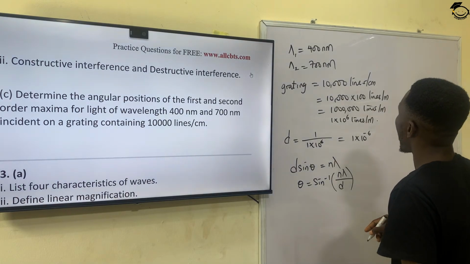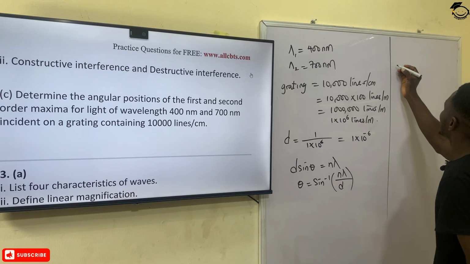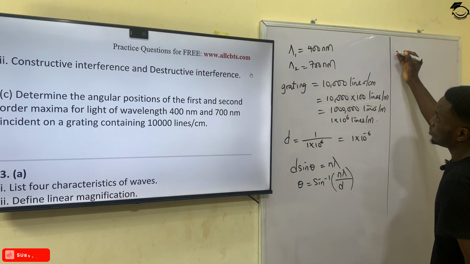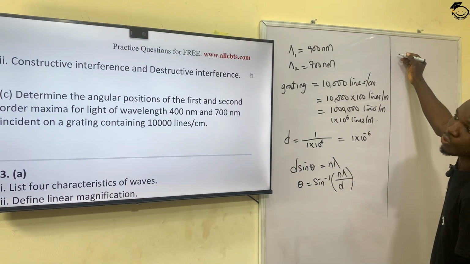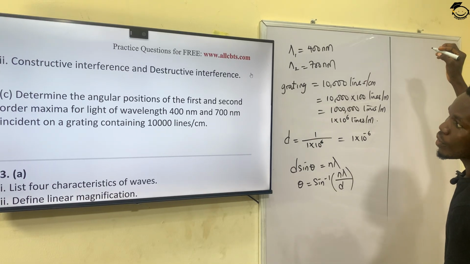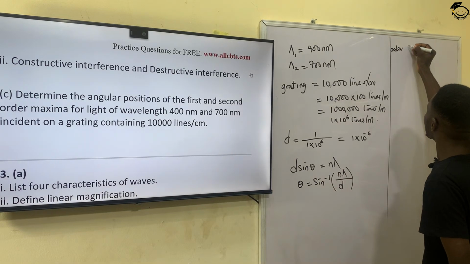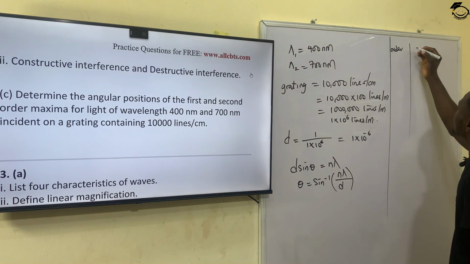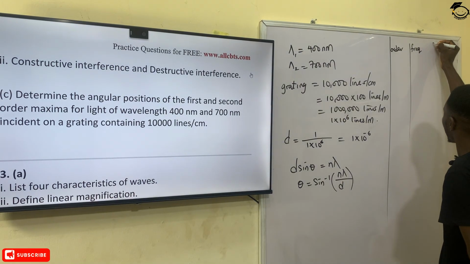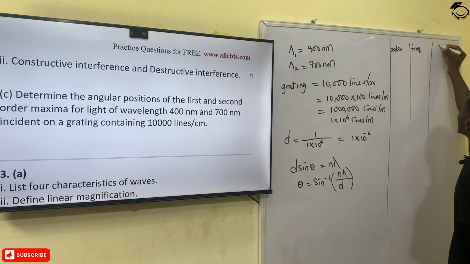So I'll be calculating for each one of these. So let me create a table. In the question they say we should do it for the first and second order. So on the table we have the order, we have the wavelength, and then we have the angle.